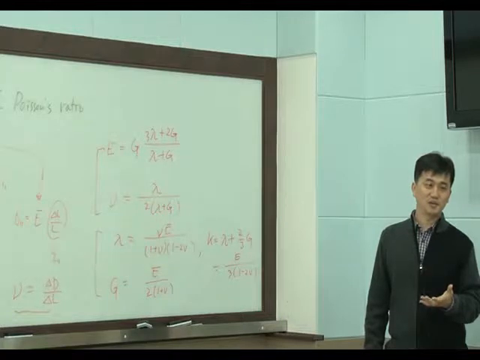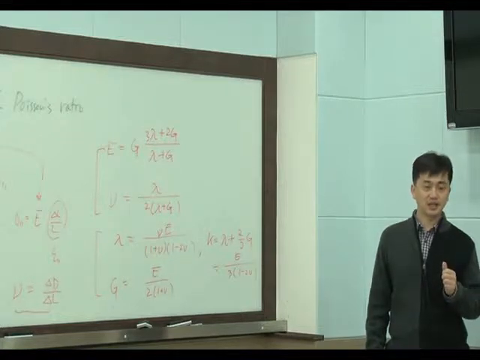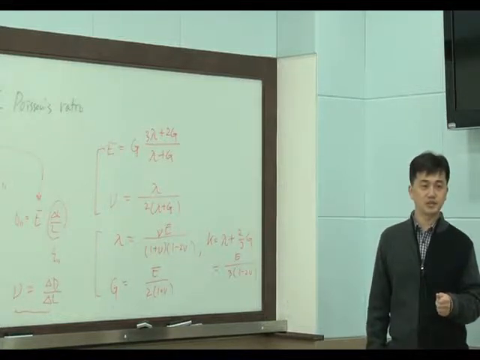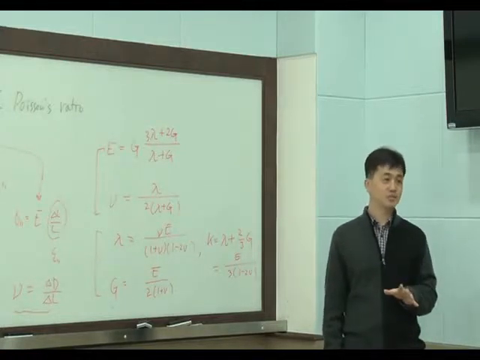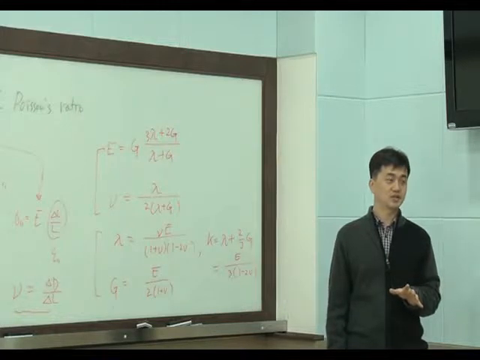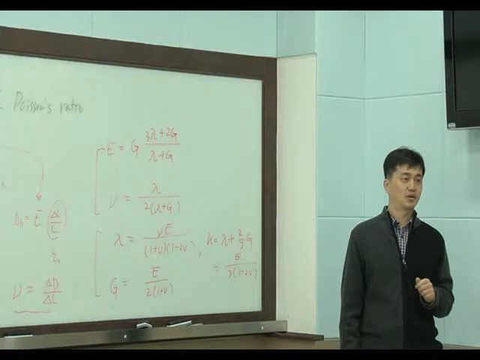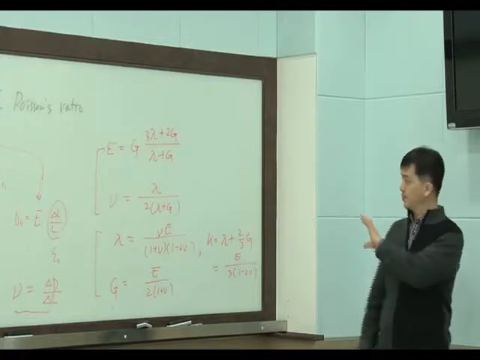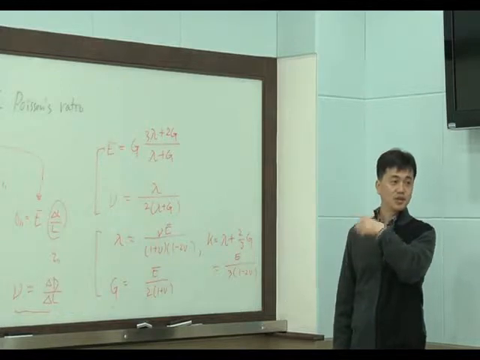That's 5. But for a linear elastic and isotropic material, if we use only 2 of these 5 constants, we can represent the material law. Okay? So these material laws are changeable, right?